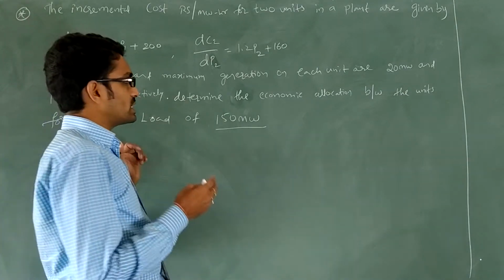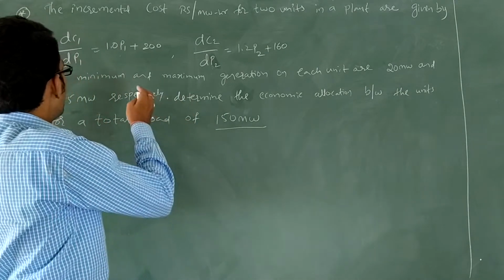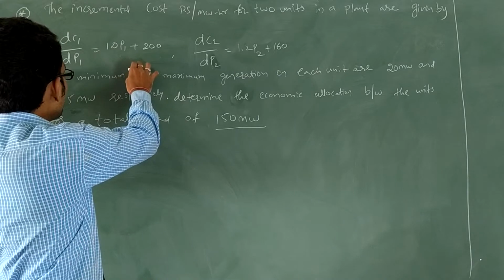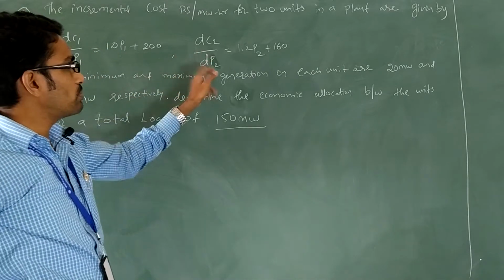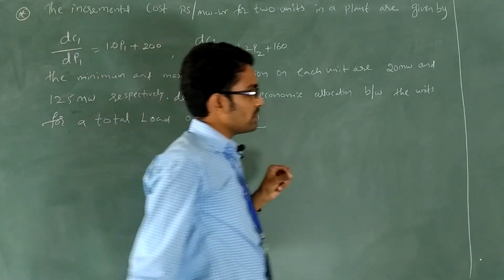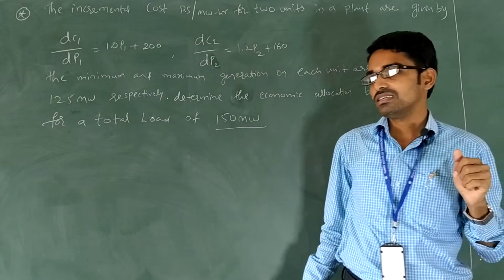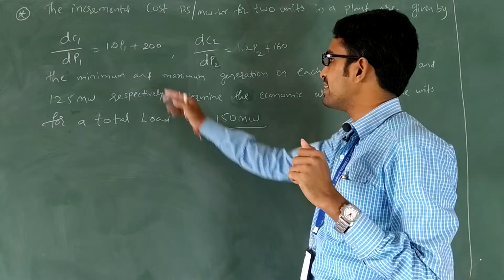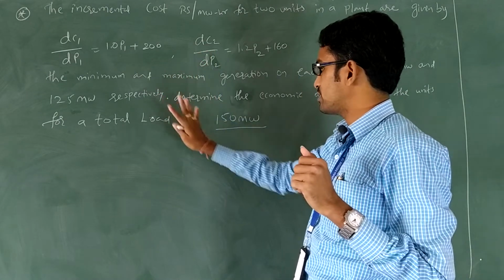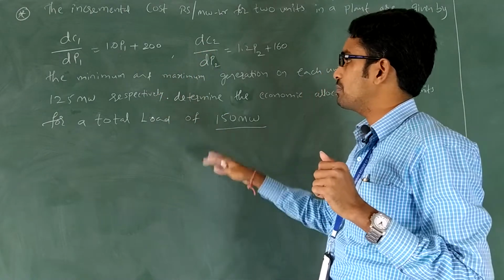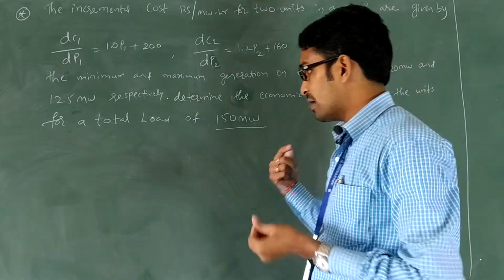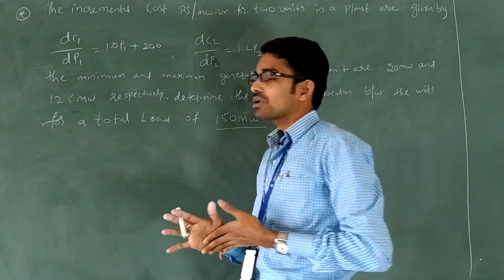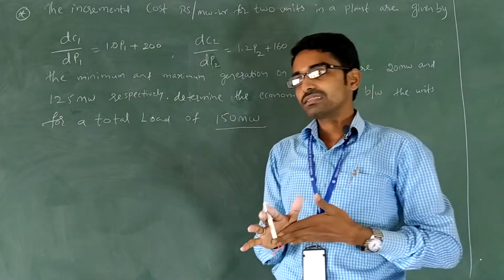The cost curves of the 2 generator units, that is the incremental fuel costs, are given as equations, dC1/dP1 and dC2/dP2. So these two are the incremental cost equations. By considering these two, we are going to distribute the load between the 2 generator units. Here I am considering economic load dispatch neglecting the losses.